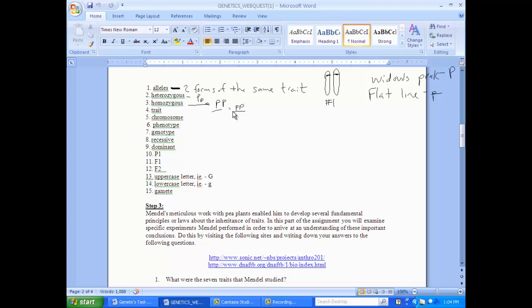Okay? Yes? I kind of remember back in middle school, we wouldn't just use the same letters, but we'd have, like, a Q and an S for our tables. You may have done that when we're doing incomplete dominance, but not for this. Okay. Yeah, we'll talk about that a little bit later on. Quinn? Are there universally one trait dominant over the other, like brown eyes and blue eyes?